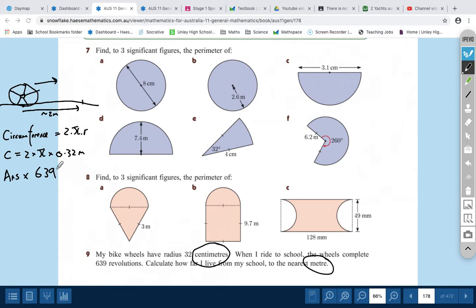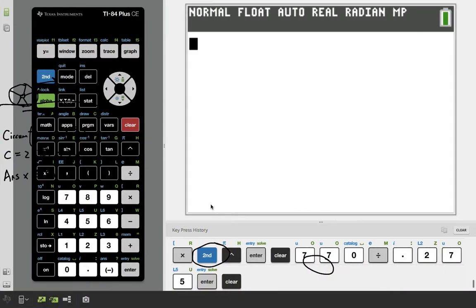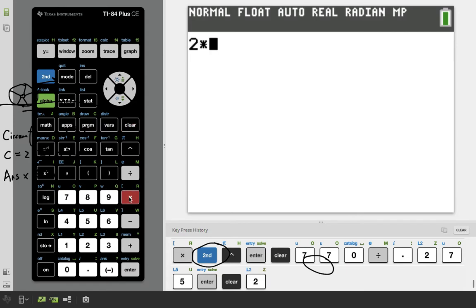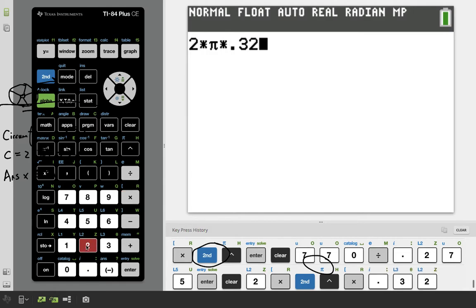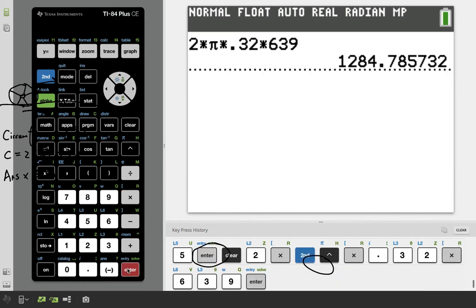Let's see if I can remember all that. I need a calculator. So we've got 2 times pi times 0.32, and then we have to times that by 639, and we'll see how far we go. 1284.78.